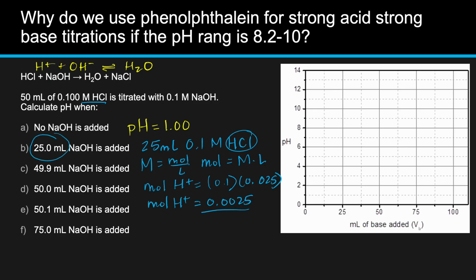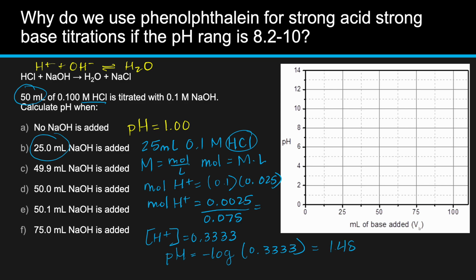So I have now added 25 to 50, so I have 75 milliliters, which would be 0.075. That gives me a concentration of 0.33 repeating. So now to get pH, I take the negative log of that concentration, which gives me 1.48.